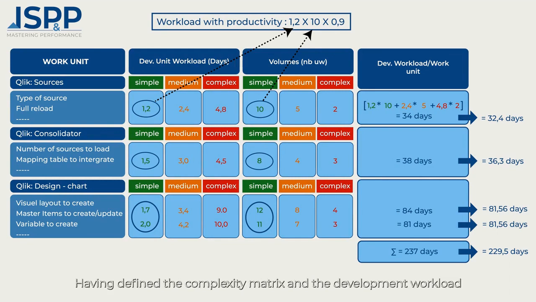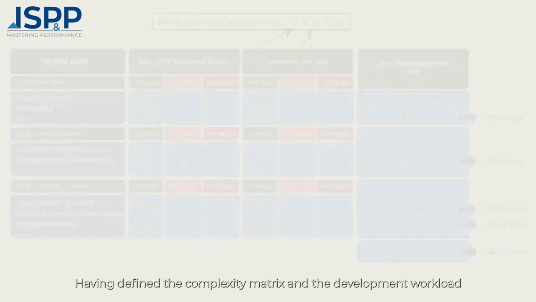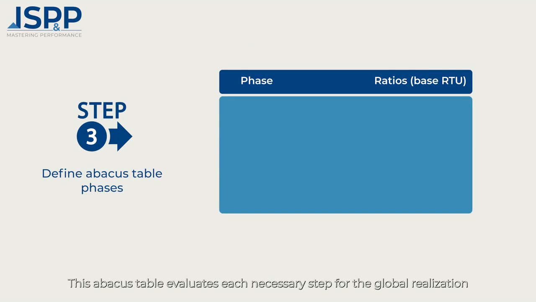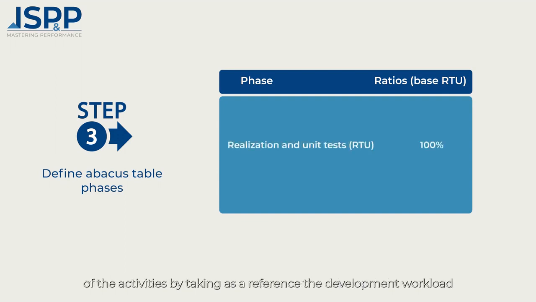Now that we have defined the complexity matrix and the development workload of work units, the next step is to define the phase ratios. This will enable encrypting each of the steps required for the overall implementation of activities, considering the development workload.